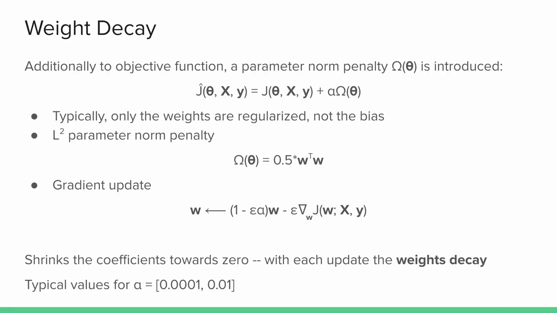That's why it's called weight decay. Our weights become less and less. And the rate by how fast they become zero, ultimately, is determined by our weight decay parameter alpha. And that is typically a very small number, like 0.0001 or 0.001.